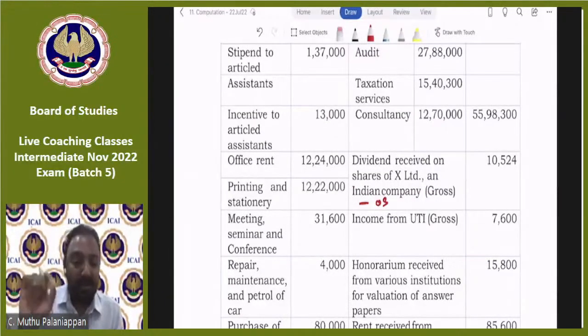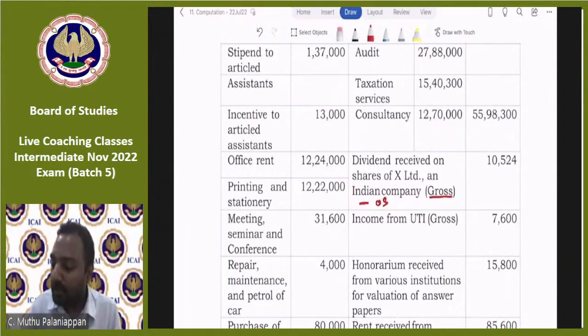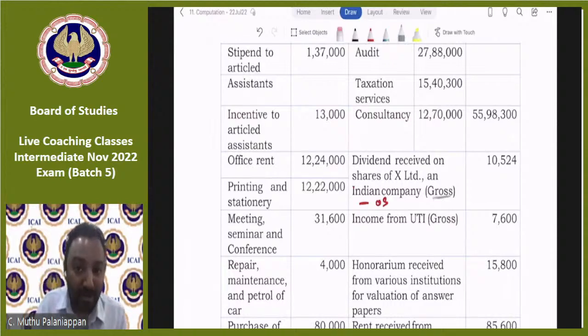Next step. When reading this dividend, there is one more word which you need to give importance to: the word gross. Why is this important?